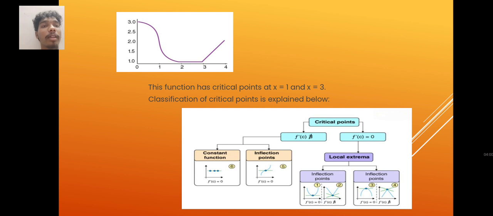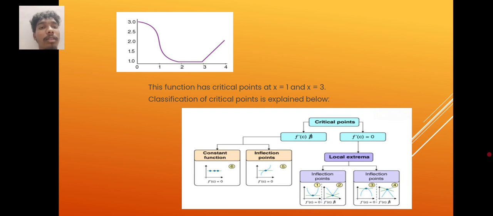Classification of critical points is explained below. Critical point: f'(c) is equal to 0. Or f'(c) is not equal to 0. Let f'(c) not equal to 0 have constant function, inflection function. Constant function: f'(c) is equal to 0. Let's see the graph.